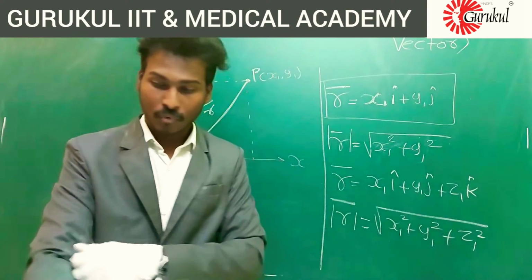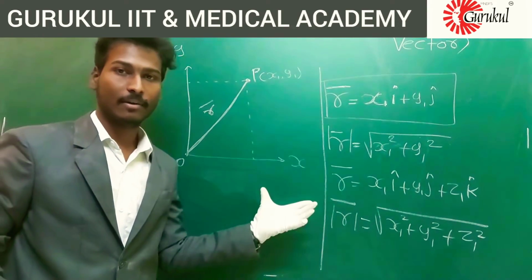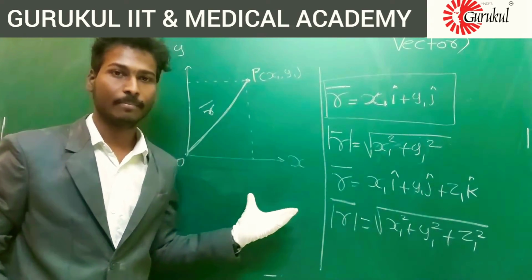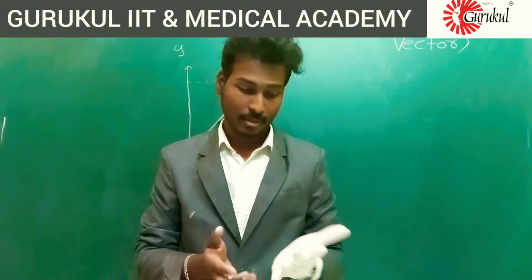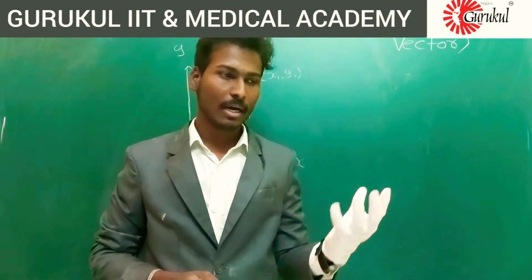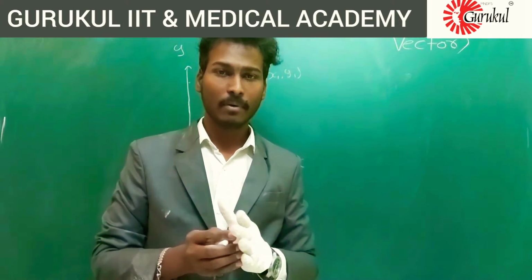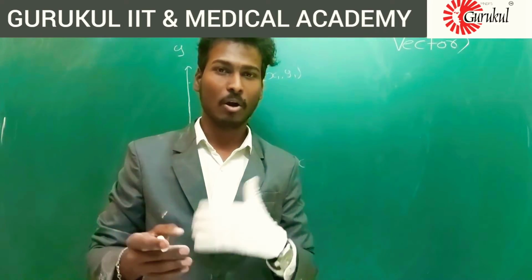Now one very important point, just note it down. Now we are going to check what happens if we change the Cartesian plane, whether the position vector will change or not.